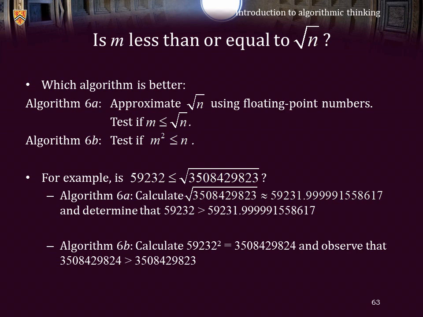And yet, students in second year seem to prefer to jump to methods such as algorithm 6a. So the point being here is there may be multiple algorithms that solve even the same simple problem, but some algorithms are simply better than others.